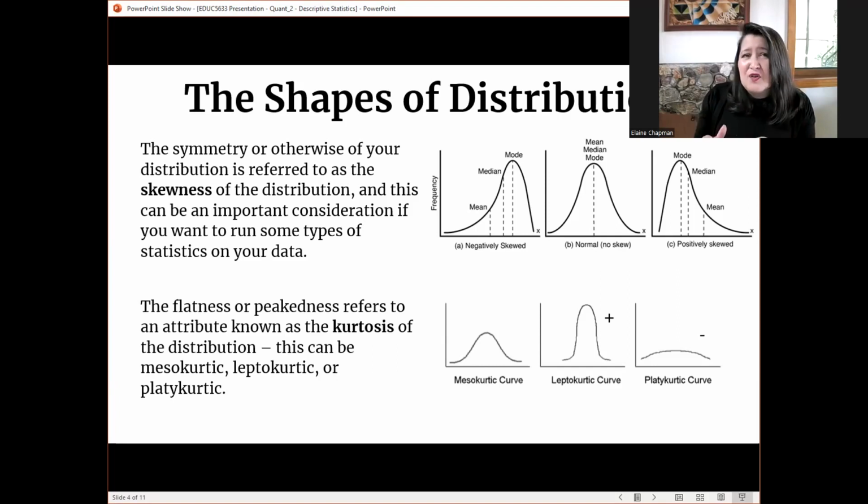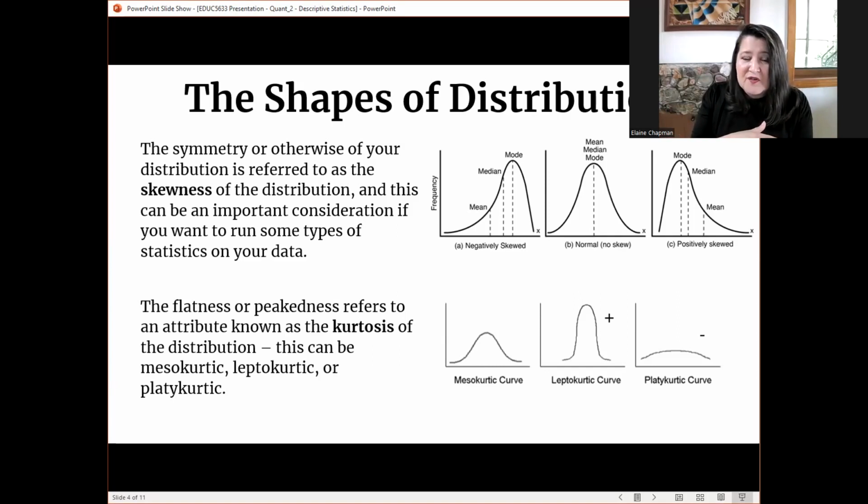If we have a negatively skewed distribution, we're going to see that the mean is actually lower than the median and the mode, because the mean takes into account the values of the scores themselves, whereas the median and the mode don't. So if you've got a few very low scoring people in your distribution, but the rest of them are all bunched up on the higher side of your score value range, the mean is going to get dragged down because of those extreme scorers at the low end.